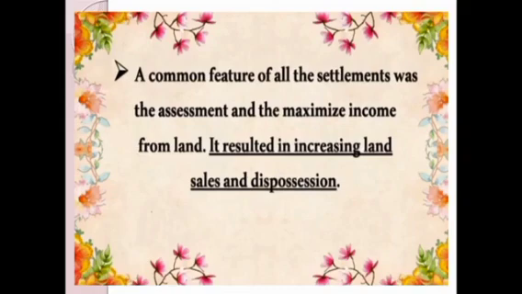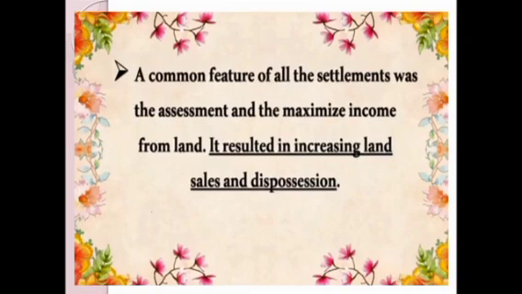It didn't do any favor for the farmers. So when they imposed high tax on the farmers, they could not pay it. Because of that, they lost their land. That is called dispossession of land.